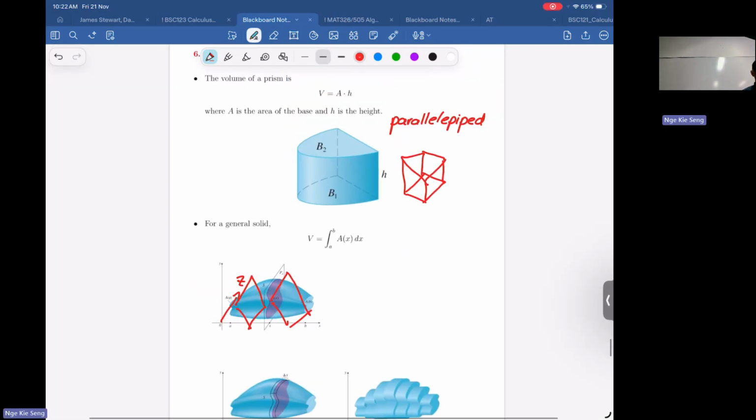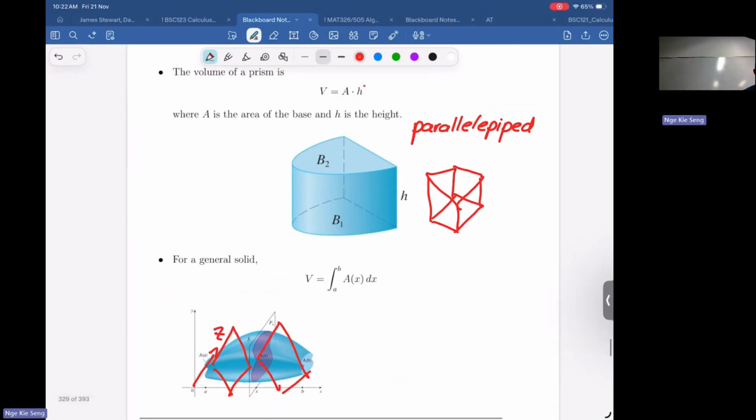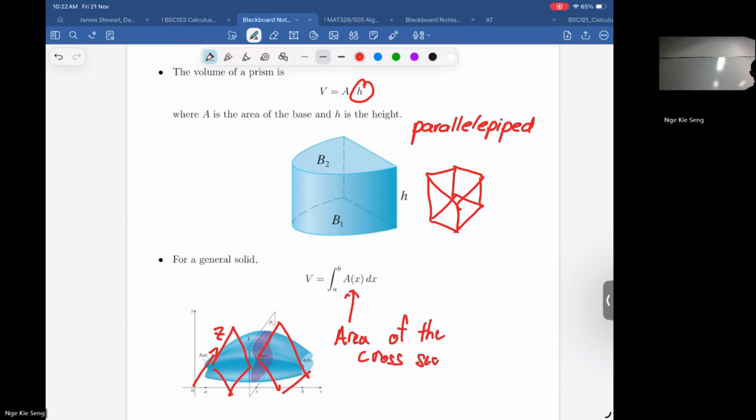Instead of just some number height here, this A(x) depends on height. So the area of the cross section depends on height, or x.